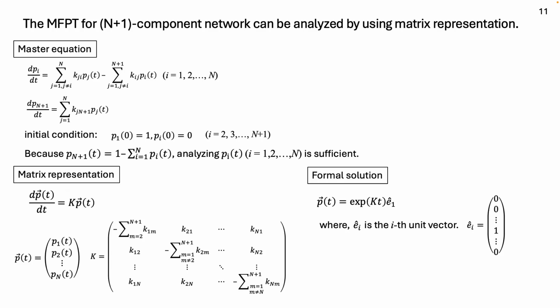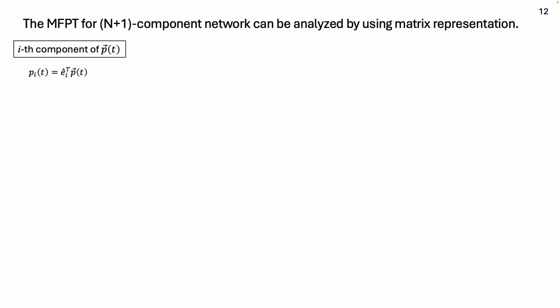So what is the differential equation solution? Exponential times the initial condition. Here the initial condition is 1, 0, 0, 0, 0. If we begin from the second position, then we should multiply by 0, 1, 0, 0, 0. Everything is clear? Make sense? Okay, next. And then the ith component can be written here.